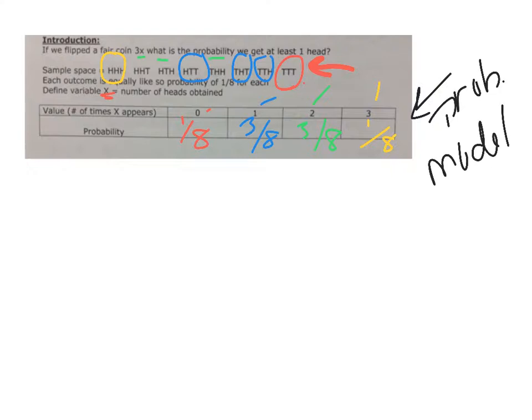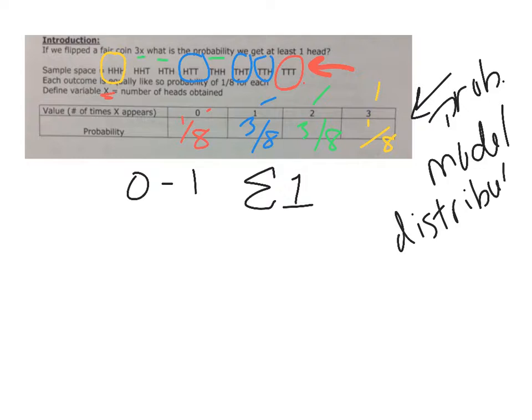It assigns probabilities to them, and all of these probabilities have to be between 0 and 1 and add up to 1. They do: 1/8 plus 3/8 plus 3/8 plus 1/8 gives me 8/8, which is 1. So this is a good probability model. This is called my probability distribution. When I'm looking at what we call random variables, this distribution of the probabilities is my probability model.